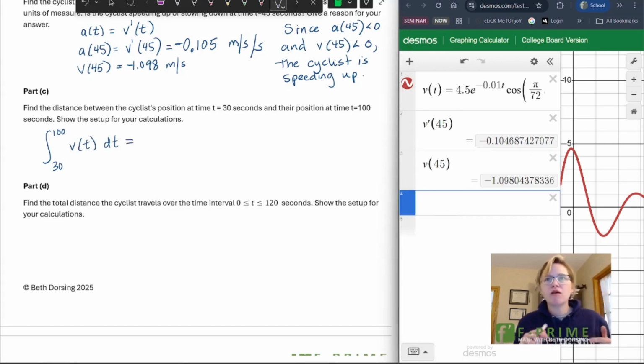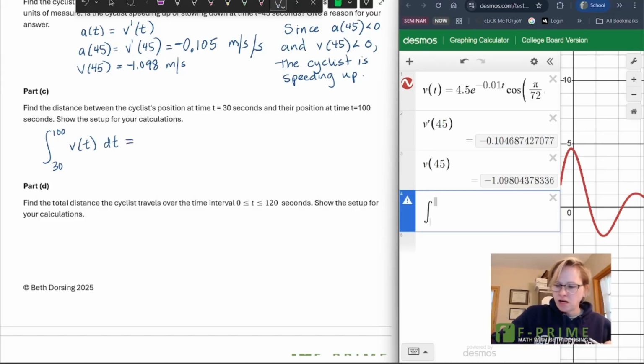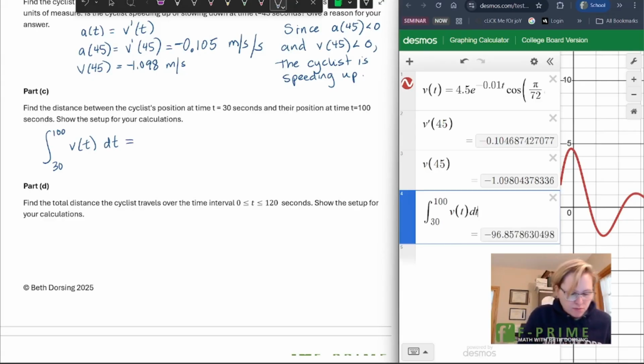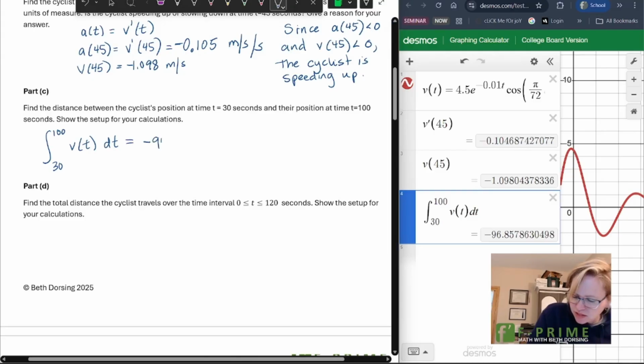And Desmos will do that for me also. So I just need to type in int and then my limits of integration 30 to 100. Oops, sorry, 100. And then I'm just going to type in v of t dt. And this gives me my displacement, -96.858 meters.